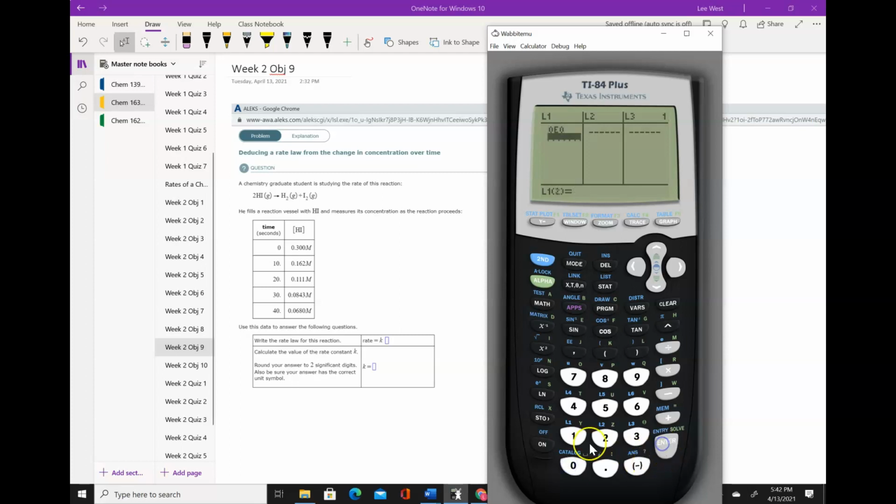0, 10, 20, 30, and 40. So in L1, which stands for list 1, I've got all of my time data. Then in list 2, I'm going to put my concentration data, and not surprisingly, the concentration goes down, doesn't it?